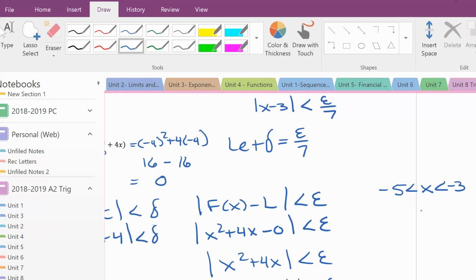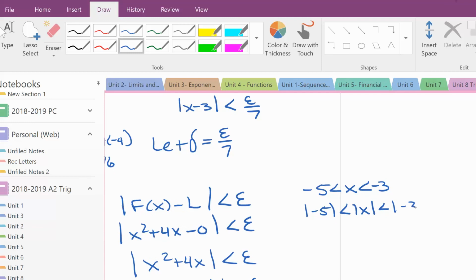And in this function, if we take the absolute value, notice we get 5 and 3 is what it's between, 3 and 5.